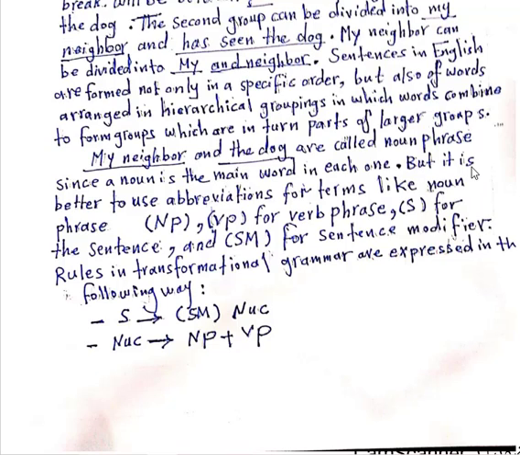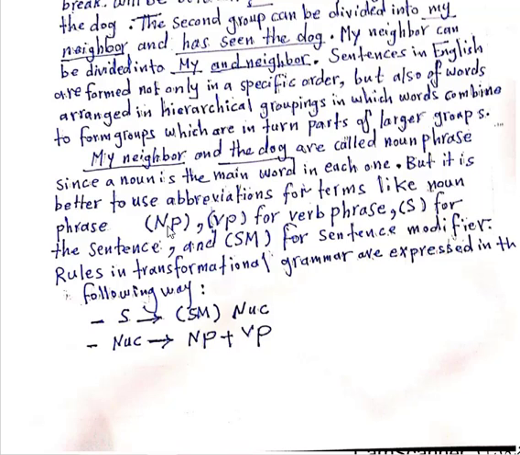But it is better to use abbreviations for terms like noun phrase and verb phrase, to make acronyms for the linguistic terms in this theory. We will deal with acronyms in transformational generative grammar.